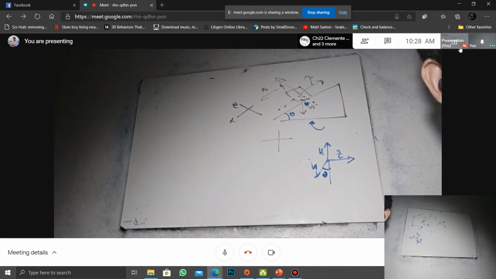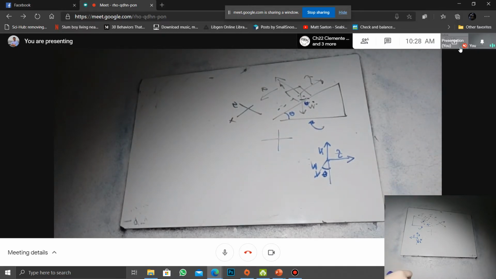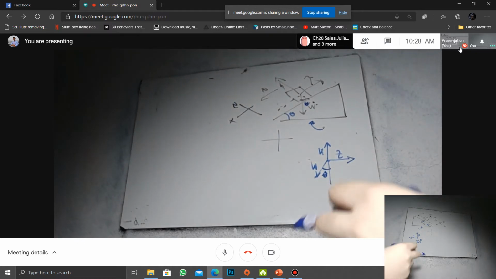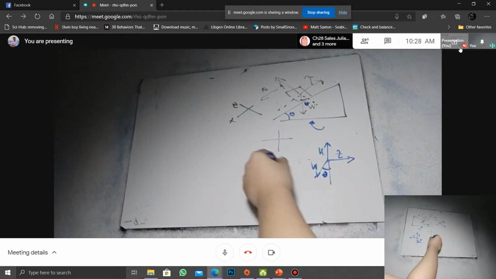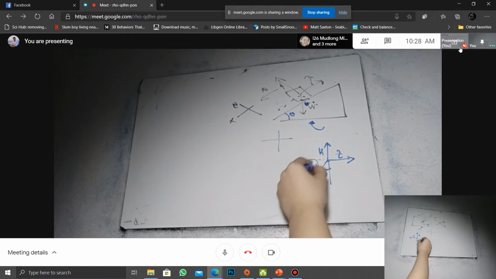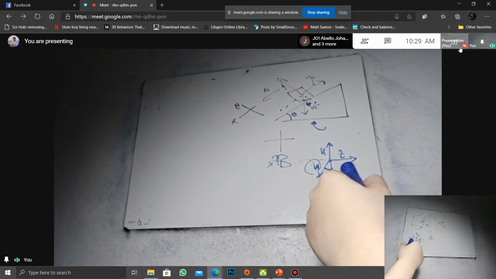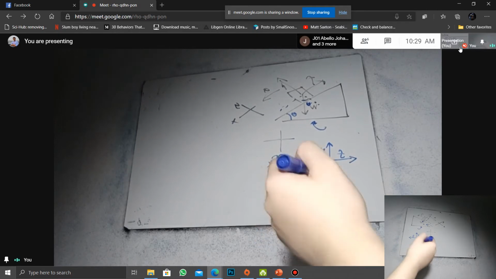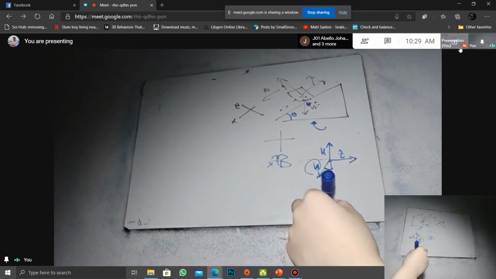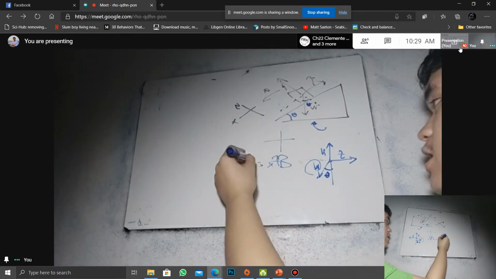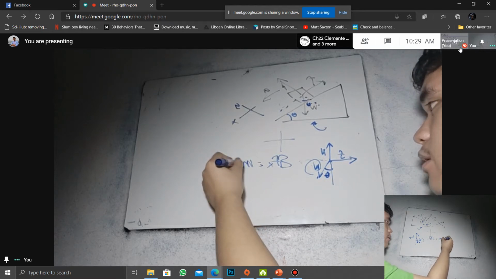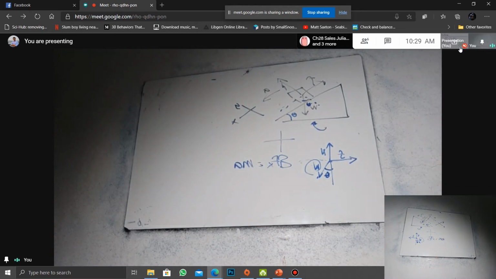Yan. Ngayon, let's resolve yung mga forces. Sa x-axis, we have, di ba, x component nito. Wala siyang y component sa force kasi, mamaya na. The sum of forces along x equals ma equals, right?